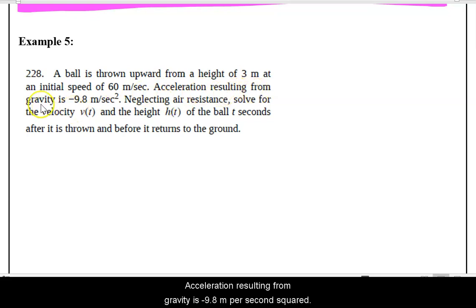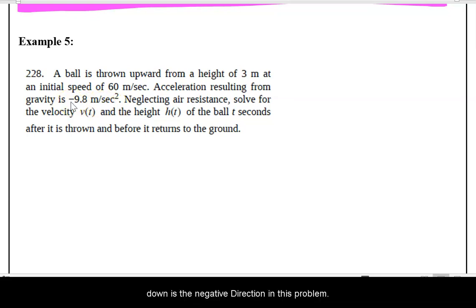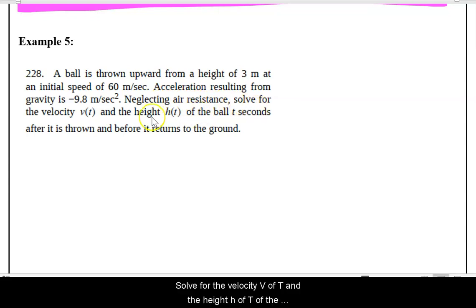Acceleration resulting from gravity is negative 9.8 meters per second squared. The negative is because gravity pulls us down, and down is the negative direction in this problem. Neglecting air resistance, solve for the velocity v of t and the height h of t of the ball t seconds after it is thrown and before it returns to the ground.